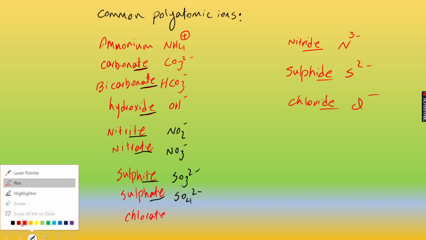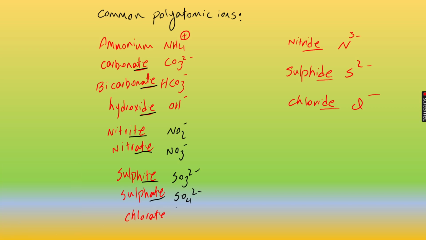And chlorate should be ClO3 minus. And I wrote here, for example, phosphate, and you have a phosphide.